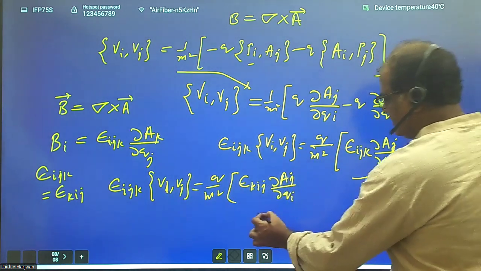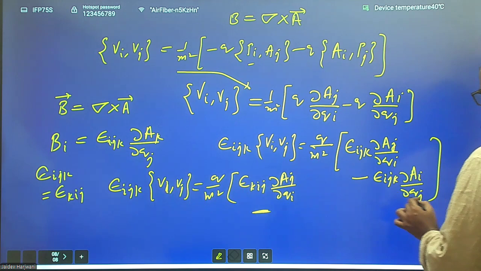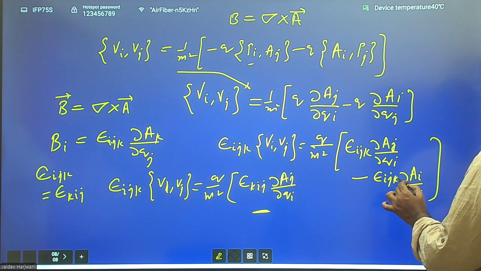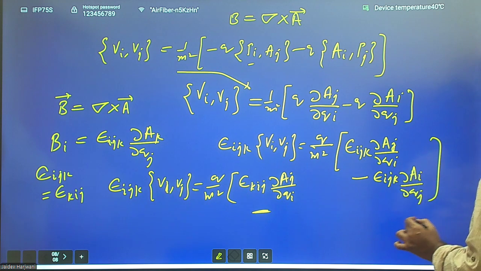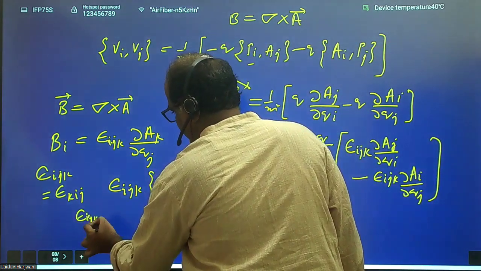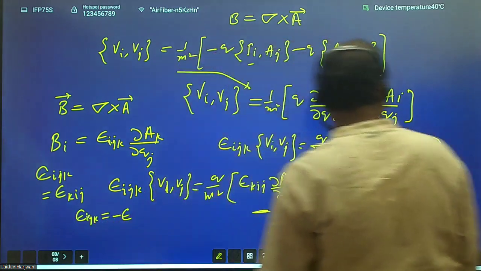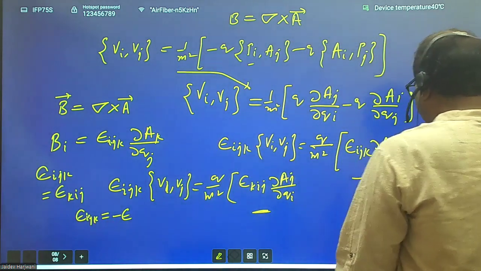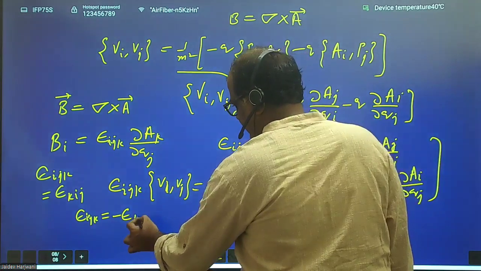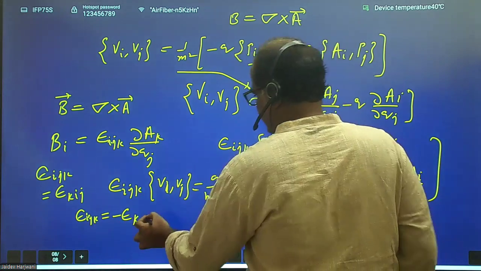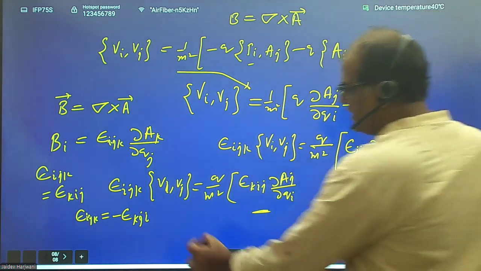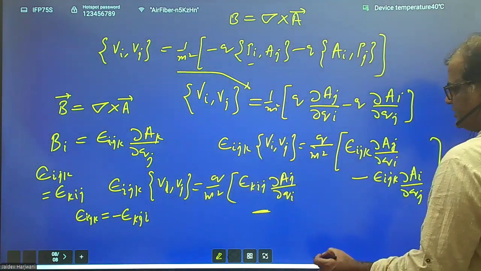Similarly, I can write here eijk. So i is up, j is second, so j is in the correct place. I have to change the position of k and i. So if I want to write k first, this will be minus ekji, because after i, k is coming, so this becomes negative.